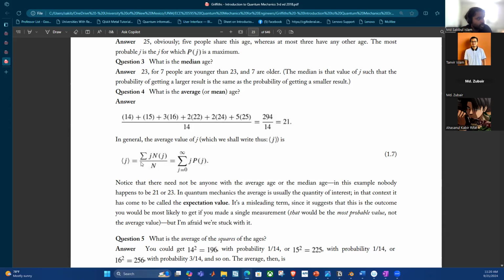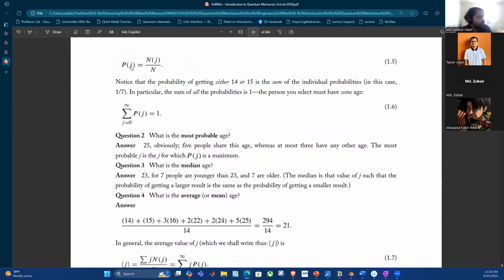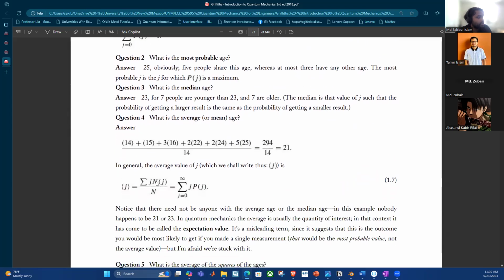That summation is divided by n, the total number of people. And we define P of J equal to n of J divided by n. You can see that is n of J divided by n. That is the probability of having a person of age J.